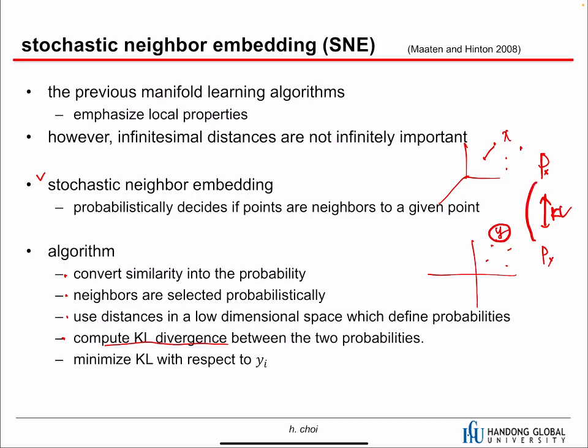Okay, so then the distribution actually defines how the samples are distributed. So in the high dimensional space, this probability is fixed. And in the low dimensional space, depending on how these y samples are distributed, the probability will change. So we want to minimize KL divergence. By doing that, we can actually change the location of the y's. That's the point of SNE.